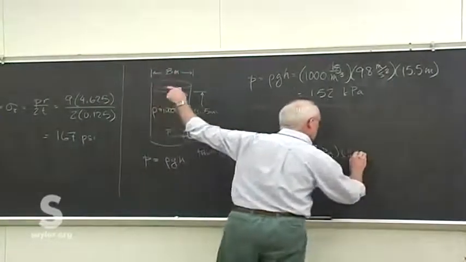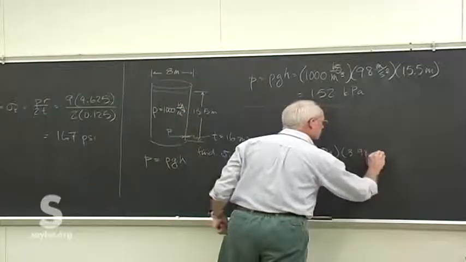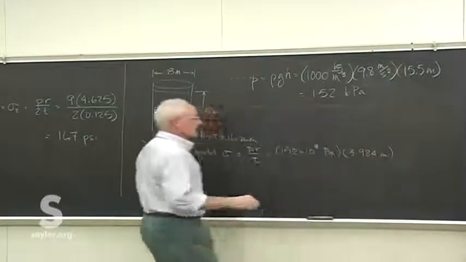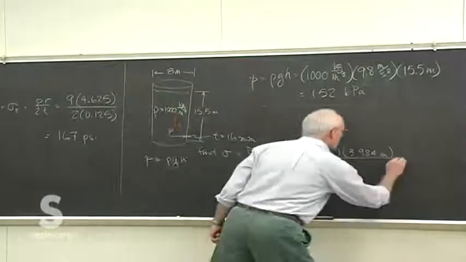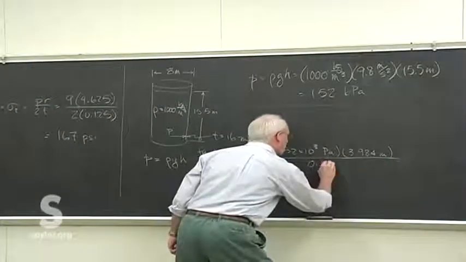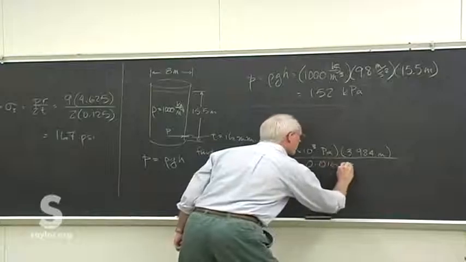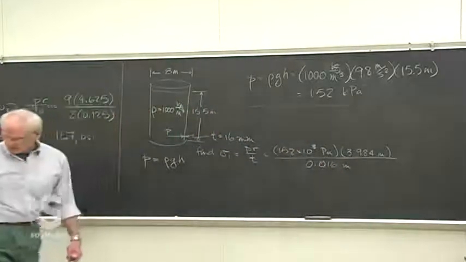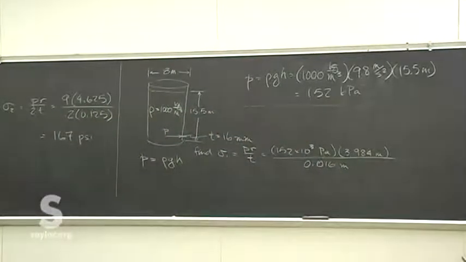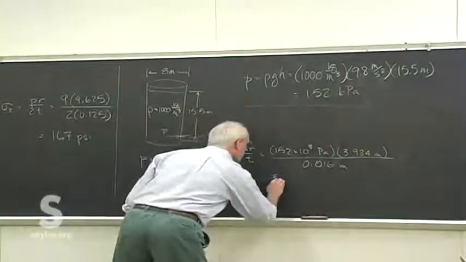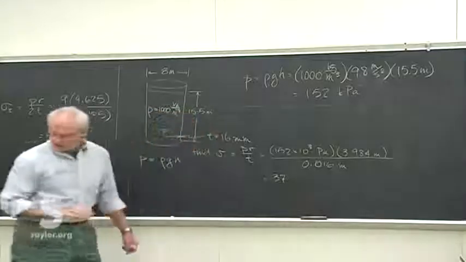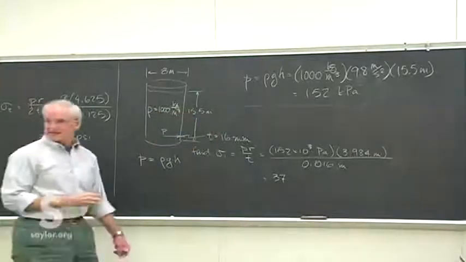That's the outside radius that's given there, so you have to subtract the 16 millimeters off of that. And then the wall thickness was just 16 millimeters. So you get what, 37.9 megapascals?